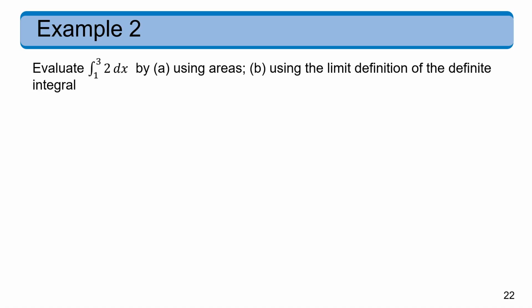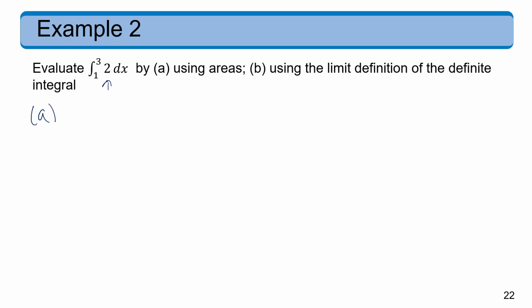Here we're asked to evaluate this definite integral in two different ways. First, using areas, and second, using the limit definition of the definite integral. So let's start with the area method. So what we need to do is sketch the function. Now you can find the function because it's in between the integral sign and the dx.